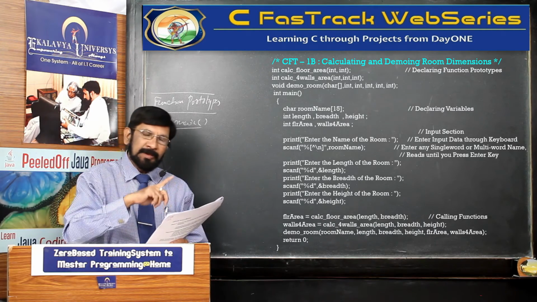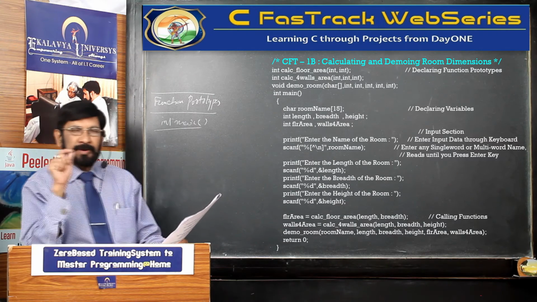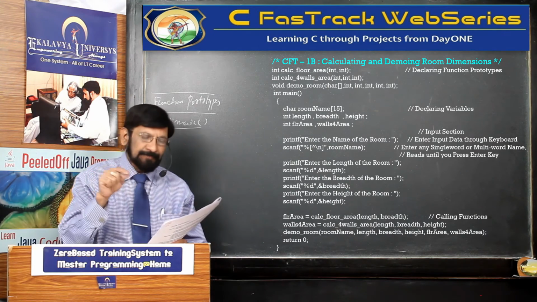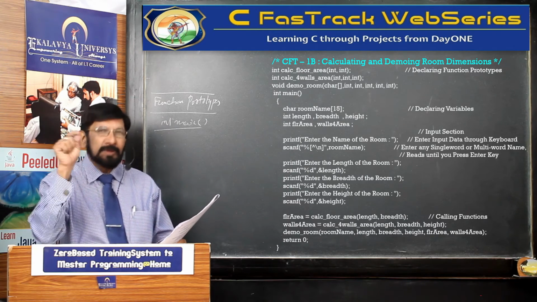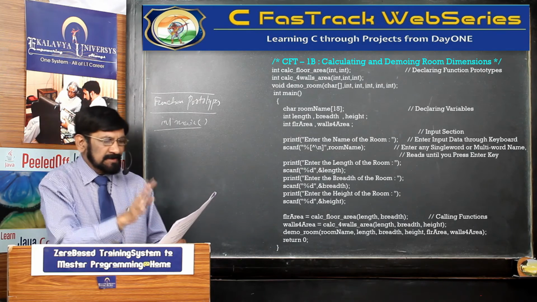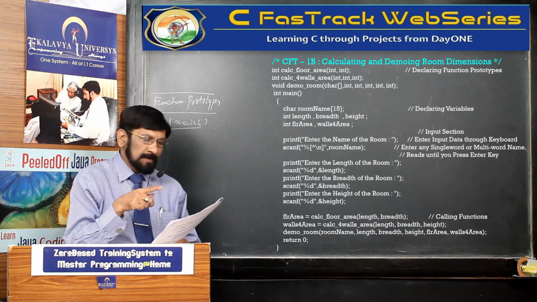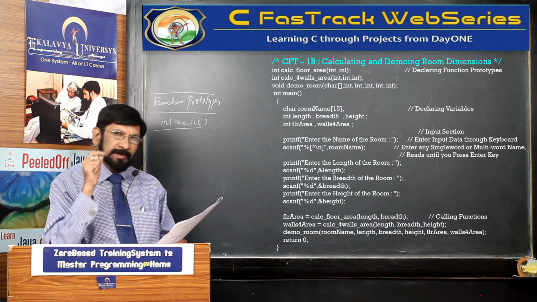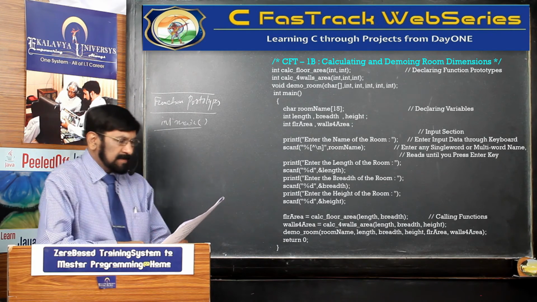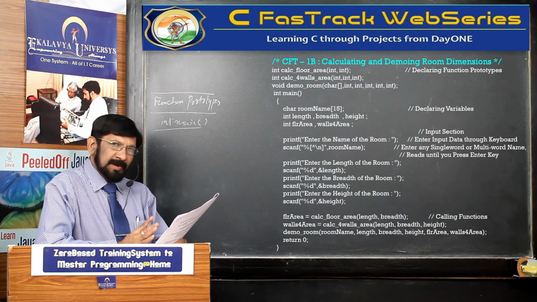Now you compare prototypes and function calls. In prototypes, you are writing only data types. In function calls, you are writing only actual argument names, no data types. The difference you have to observe, but the basic structure is the same. Okay. So these two functions are returning values. Then we are storing them in the corresponding variables. And the third one, actually demo room. It does not return anything.